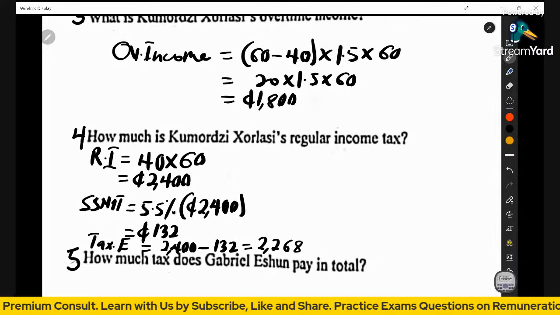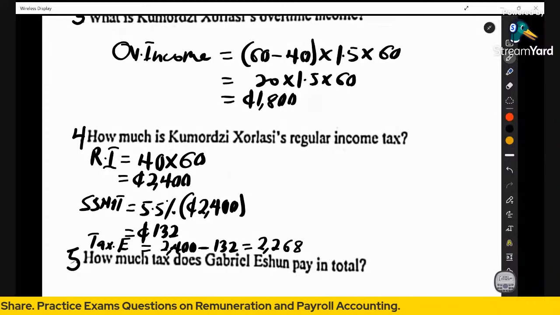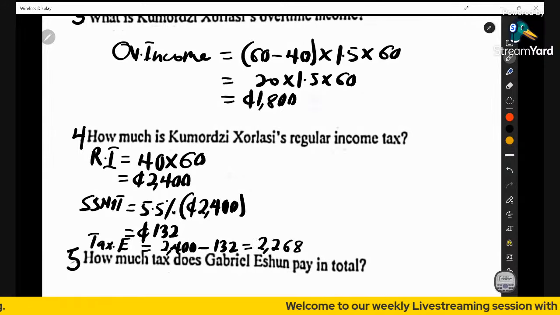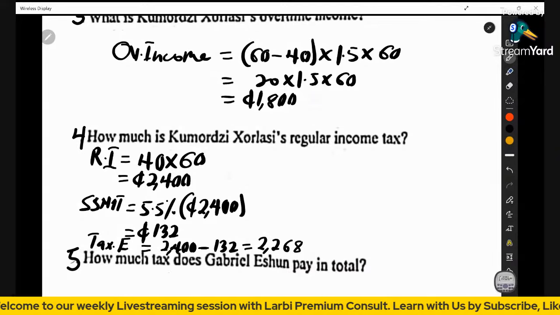We're asked to calculate the tax that Zolasi must pay on his regular income. So that's why you have gotten the taxable earning. Let's take note of that. In this particular case, we're going to have a schedule for us to calculate the regular income tax for Zolasi.